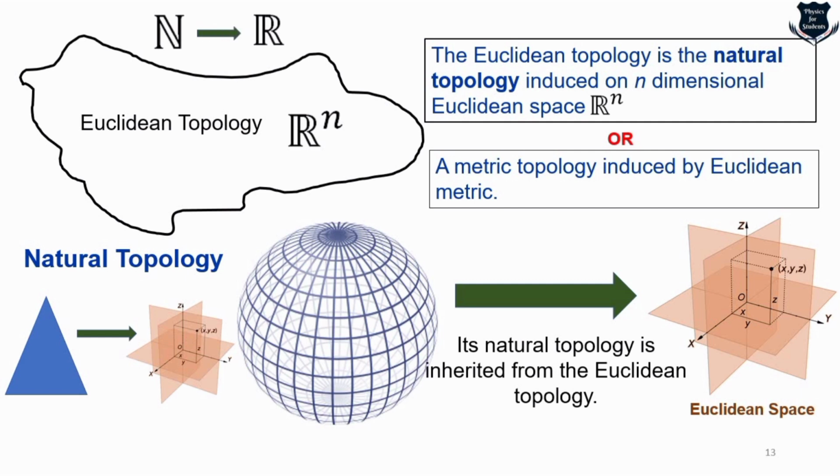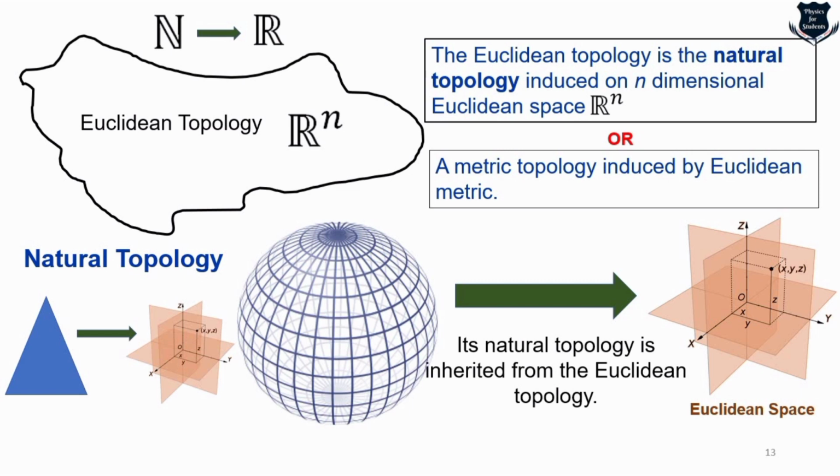For example, the natural numbers N, at the top of the screen, can be considered a subspace of R. So from this definition, it is clear that the Euclidean topology is a natural topology which comes very naturally and is brought about on n-dimensional Euclidean space by the Euclidean metric.